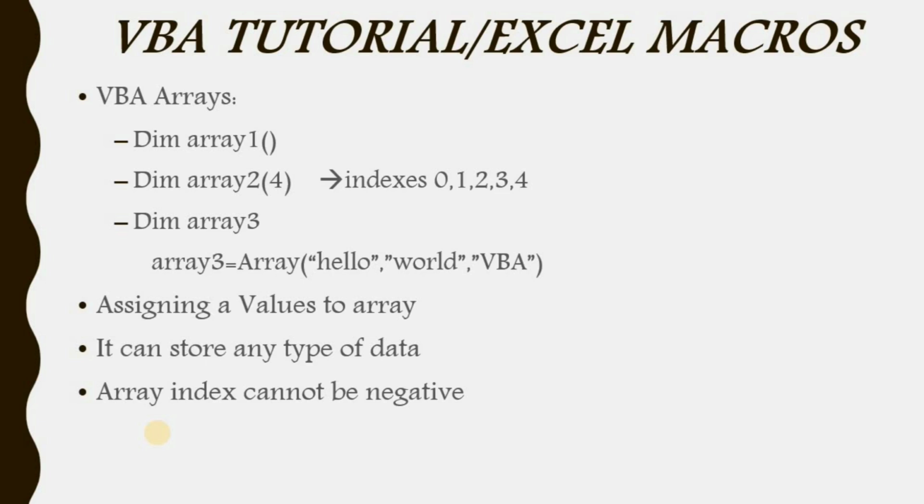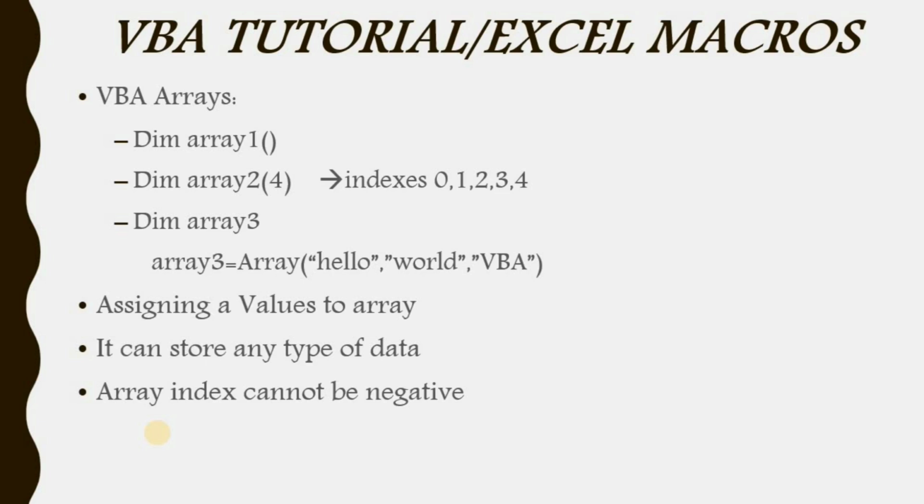There are mainly three types of array initialization. The first one is without specifying any size. The first is Dim array1 followed by parentheses. Normally the syntax of a variable declaration is Dim, variable name, As, followed by the variable type, right?